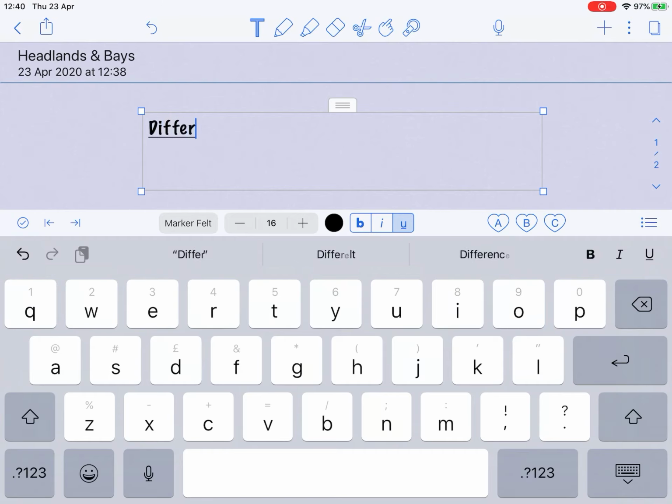So here they are: different rates of erosion. As we looked at last lesson, the four processes of erosion along the coast: hydraulic action, abrasion, attrition and solution.